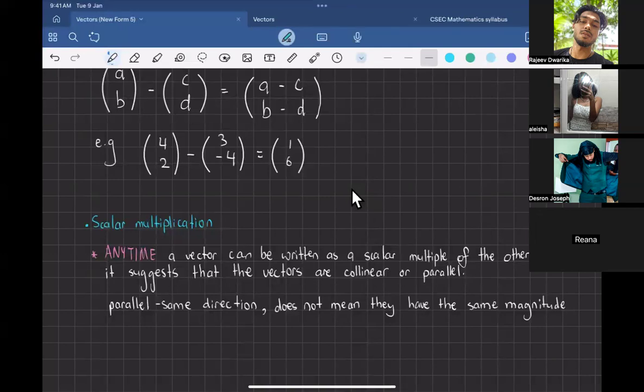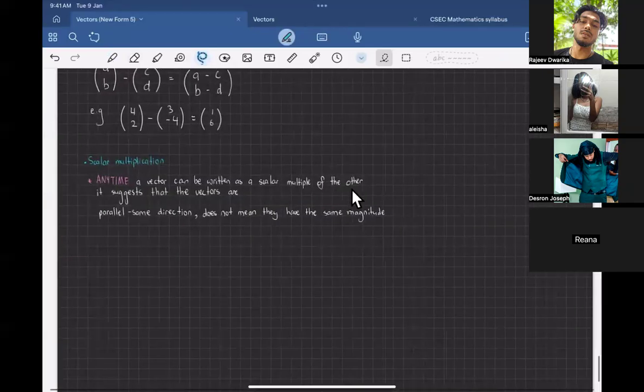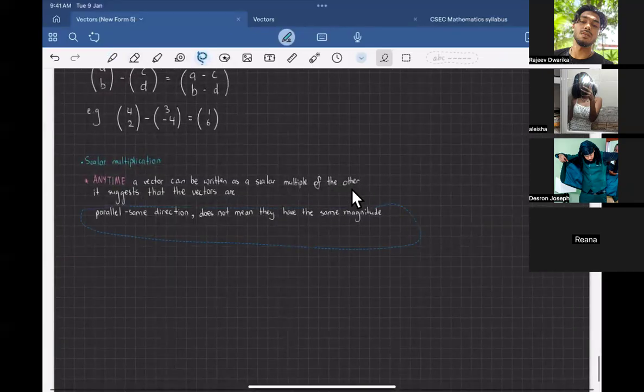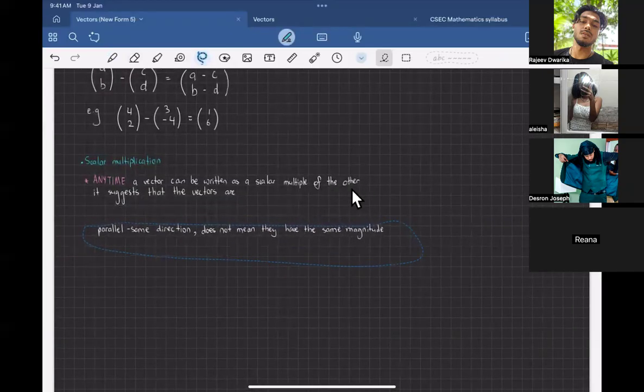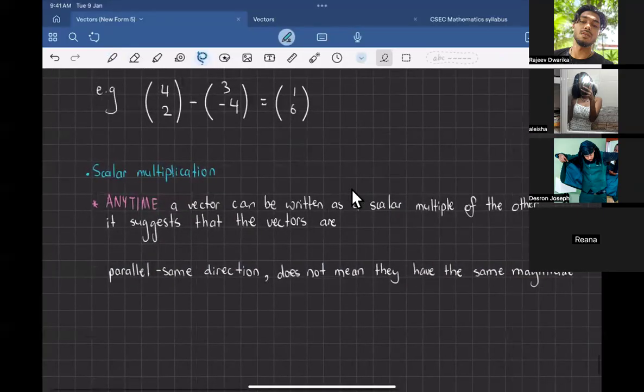All right, let me just adjust something slightly. If you can write two vectors as scalar multiples of each other, it could suggest one of two things. Typically, at this level, it's just parallel.